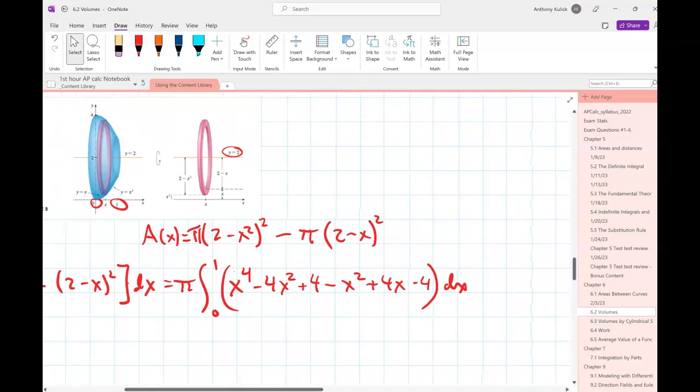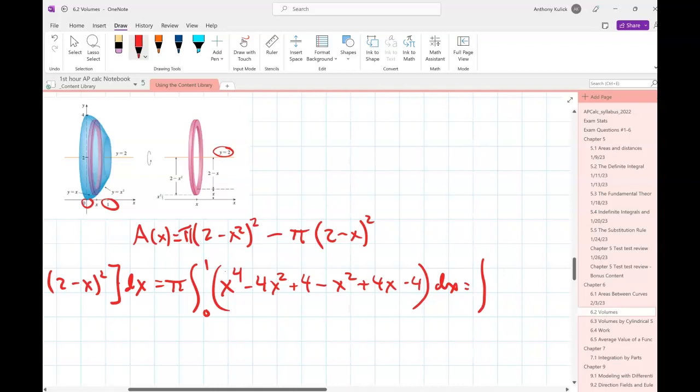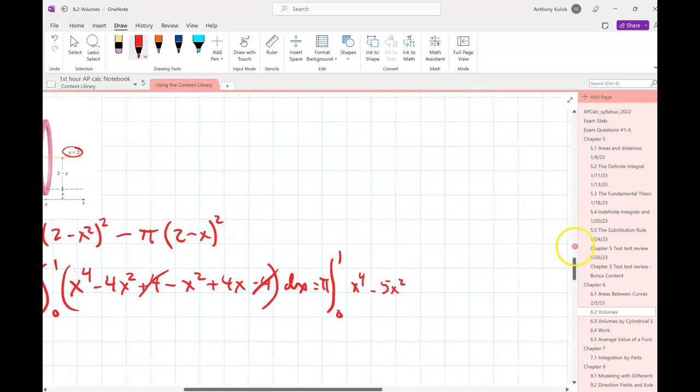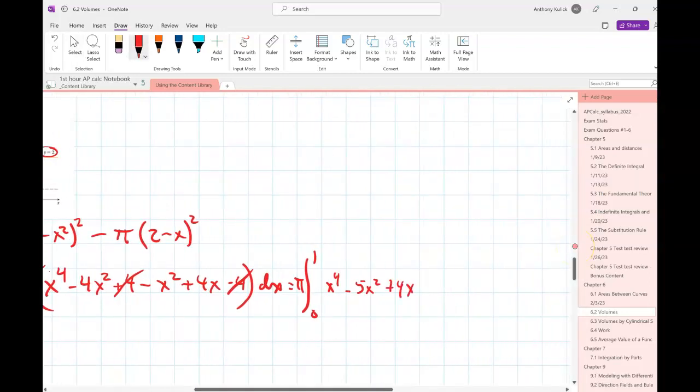If we combine some like terms here, some good stuff happens because we lose those 4s. That helps a little bit. So we have x to the 4th minus 5x squared plus 4x dx. We do our antiderivative now.